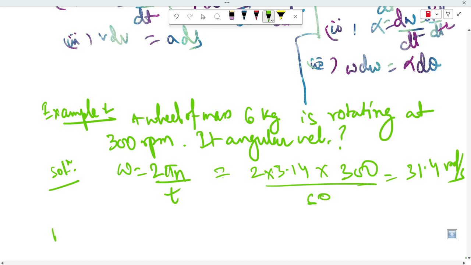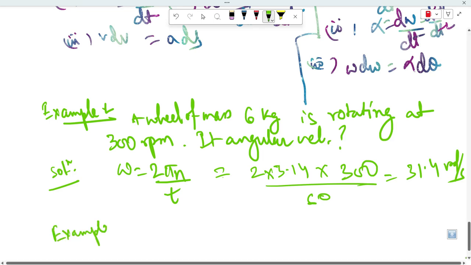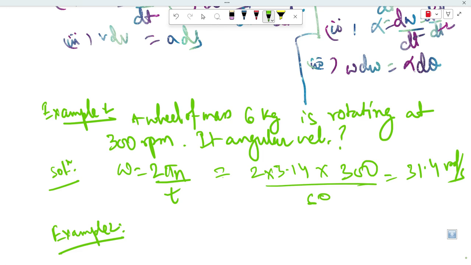Now let us see example number 2. What is example 2 asking?